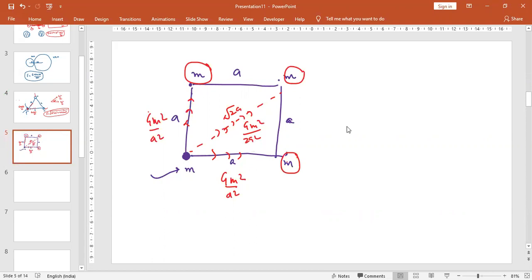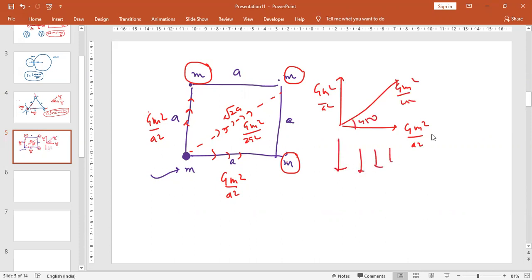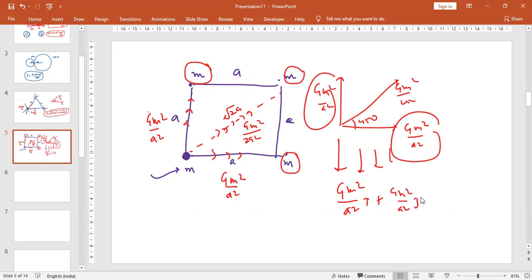So you have three forces. One is Gm square by a square, one is Gm square upon a square, and this is Gm square by 2a square at an angle of 45 degrees. You have to write all of this in vector form. So this can be written as i cap, this as j cap, and you have to resolve this force.